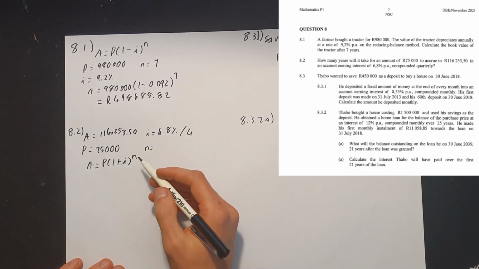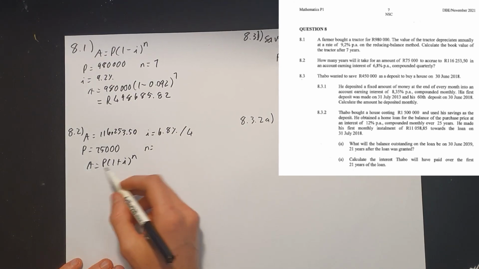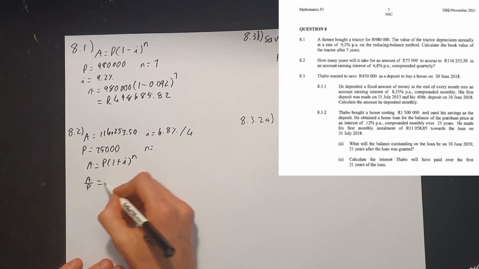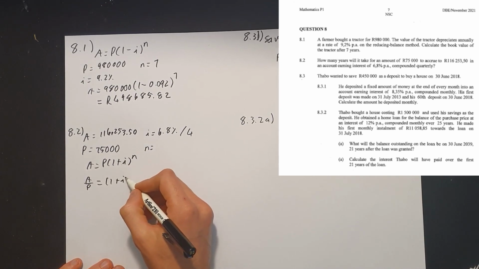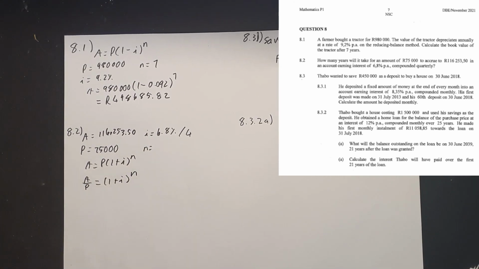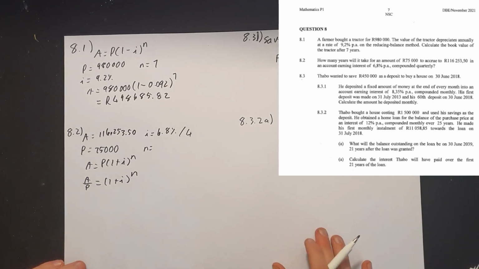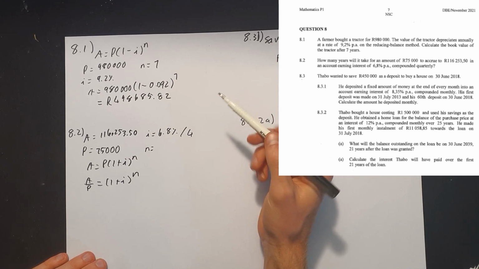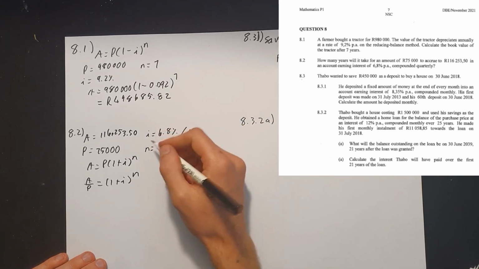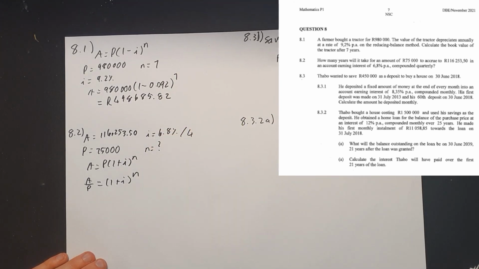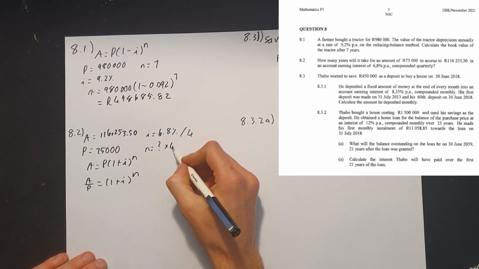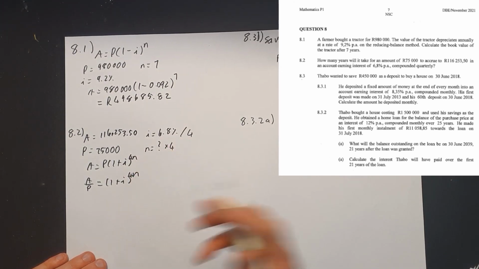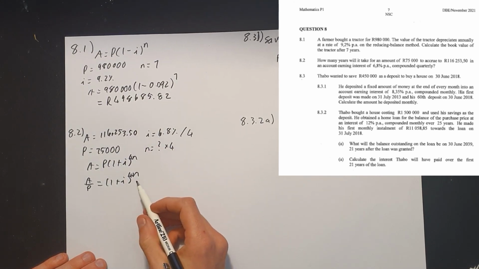And then get N. So what we're first going to do is divide both sides by P. So we'll have A over P equals (1 plus I) to the N. Now we need to get N on its own. N needs to be multiplied by 4 because it's quarterly. So I'm going to fill in 4N over here just to make my calculations a little bit easier.